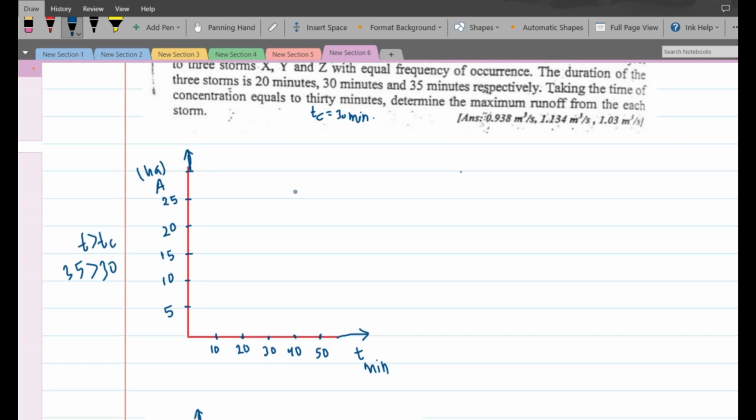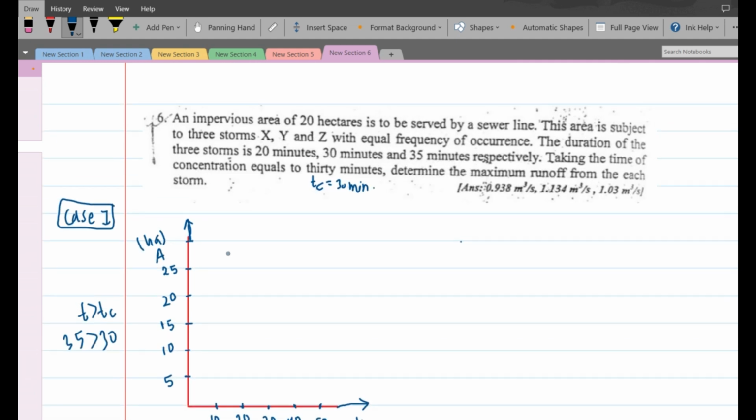For the first case, let's say this is case 1, in which T is greater than Tc, right? T is the duration of storm, 35, and the time of concentration is 30 minutes. So T is greater than Tc.